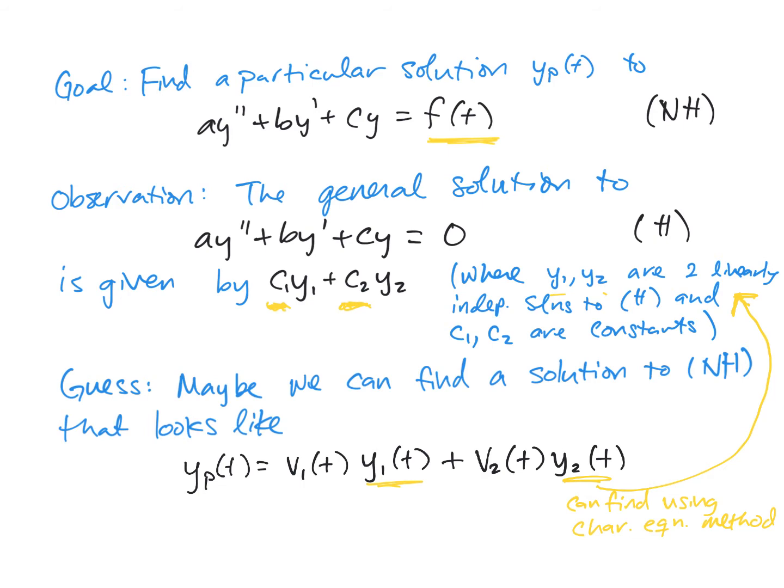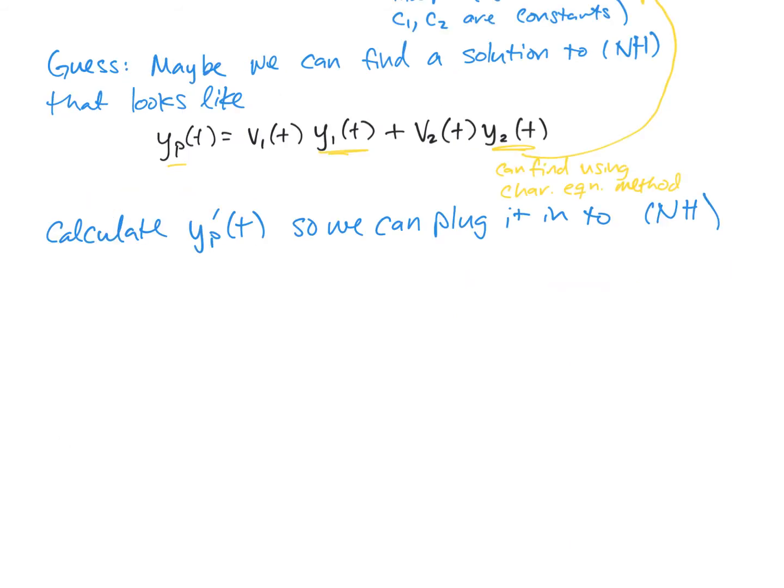So to think about what those restrictions would need to be, let's plug our yp into our equation NH and see what's going to happen. The first thing we will need to do is calculate the first derivative of yp so that we can plug it in. And since we don't have constants, now we have functions of t, our derivative is going to be a lot uglier than it was before.